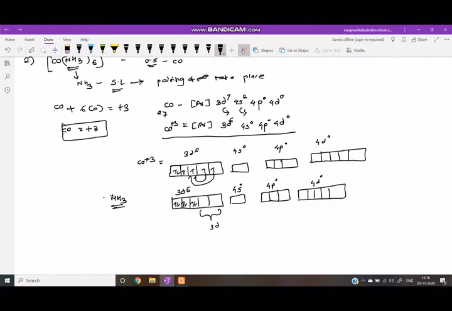Here 6 NH3 donate 6 electron pairs. The total is 12 electrons, and 6 NH3 require 6 empty orbitals. 1, 2, 3, 4, 5, 6.